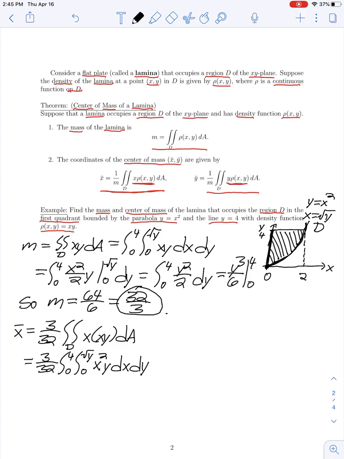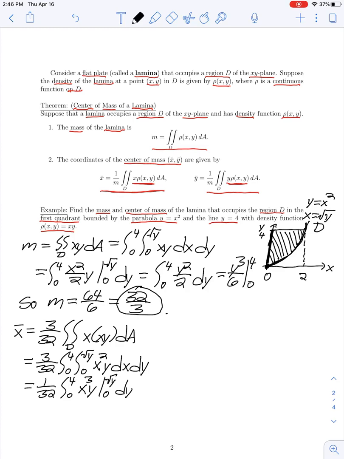So let's see what we have here. Our antiderivative with respect to x gives us a 1/3 x cubed. Now if I pull the 1/3 out in front of my integral, I'm left with 1 over 32 times the integral from 0 to 4 of x cubed times y from 0 to root y dy.